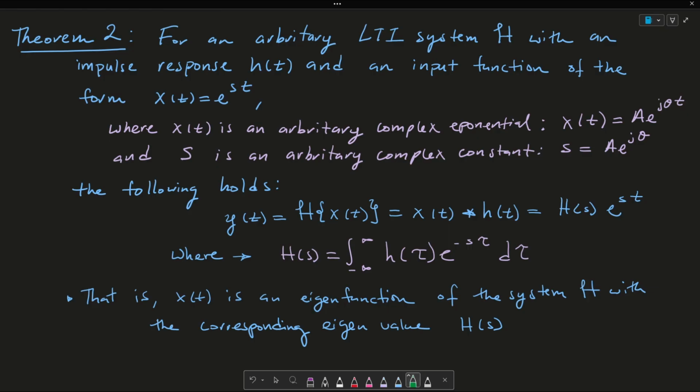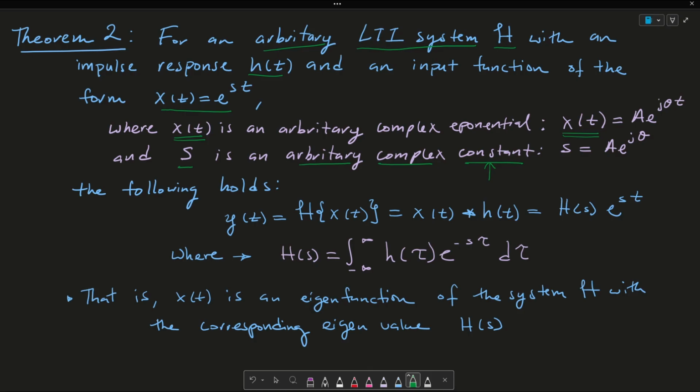For theorem number 2, we say that for an arbitrary LTI system H with an impulse response h of t and an input function of the form x of t equals e to the st, where this input x of t is an arbitrary complex exponential, x of t is dependent on the independent variable t, and s is an arbitrary complex constant, s equals a e to the j theta. Again, this is a constant. This is very, very important.